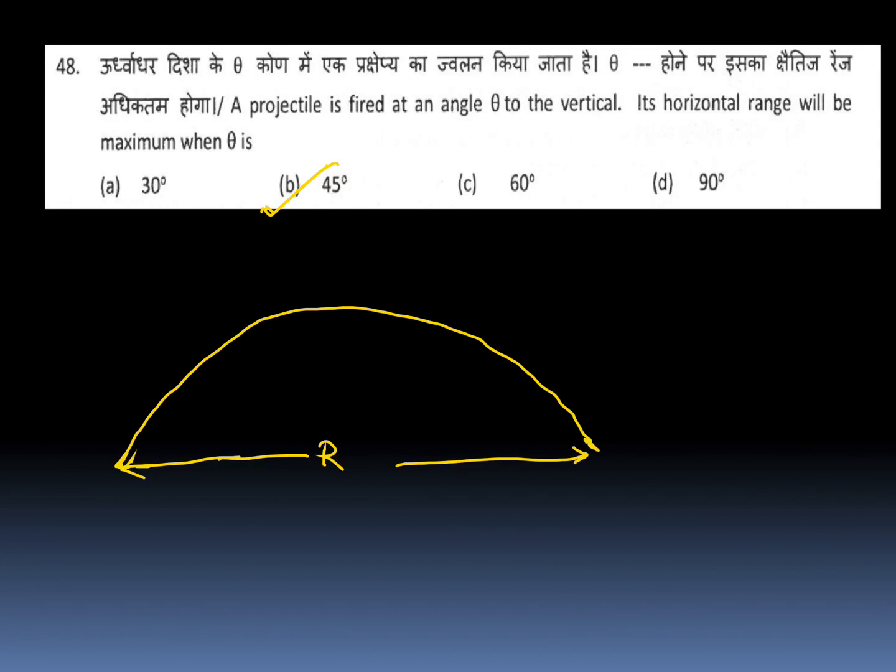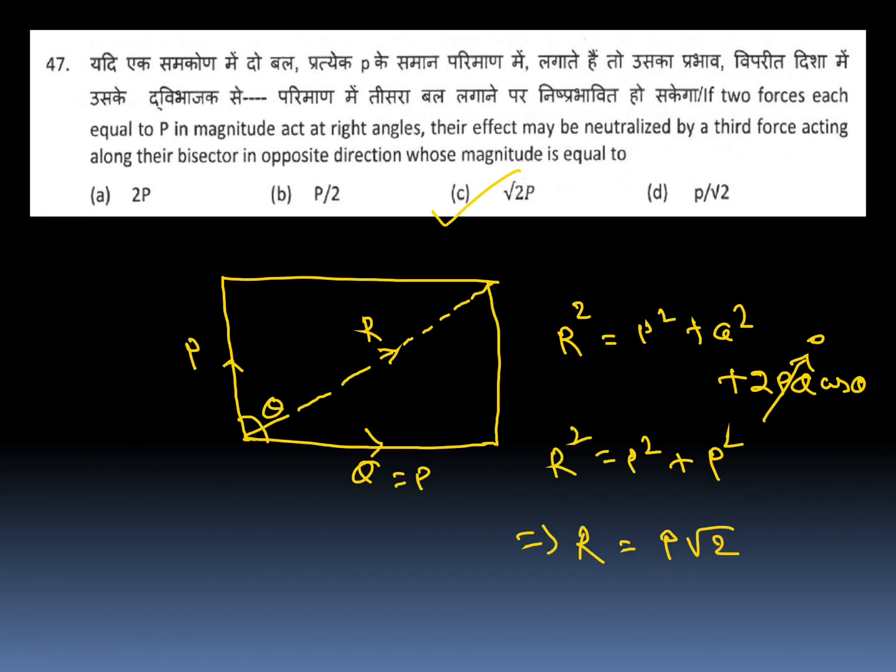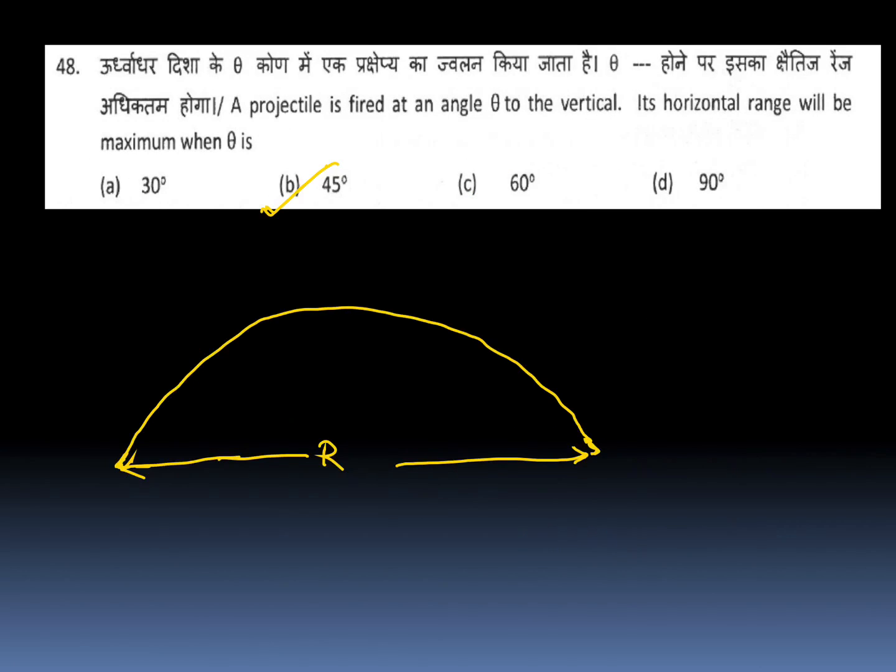At the maximum point, V has two components.